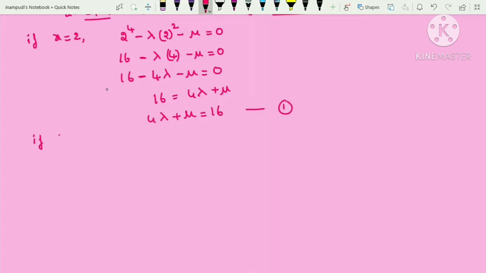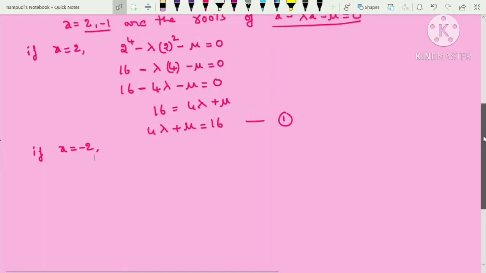Another root is x = -1. This is also substituted in the given equation.